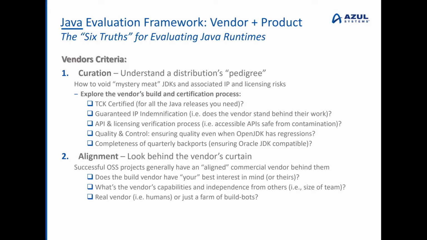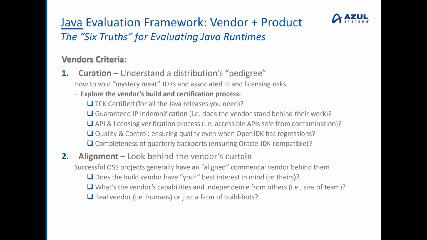Does that Linux vendor have your best interest in mind when they're curating their distribution, building and testing? Do they have sufficient tests on all the operating systems that you care about? Are those tier 1 tests and tier 1 platforms? What are the vendor's capabilities, as we talked about, to backport those changes from Java 15 to 14?